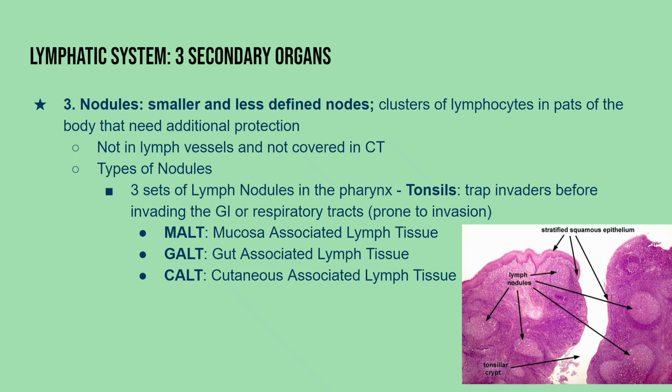I would basically just know that those are three different types of lymph nodules, and that it's mucosa, gut, and cutaneous. I would know what the M, G, and C stand for too.